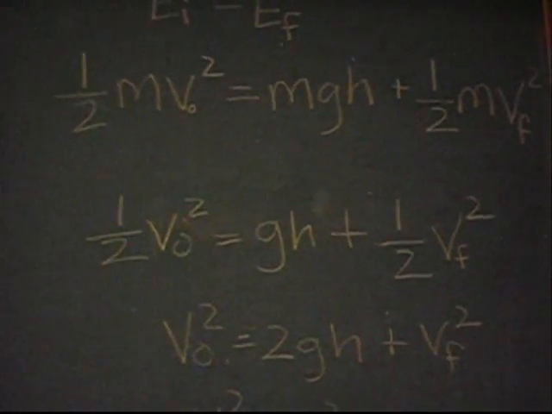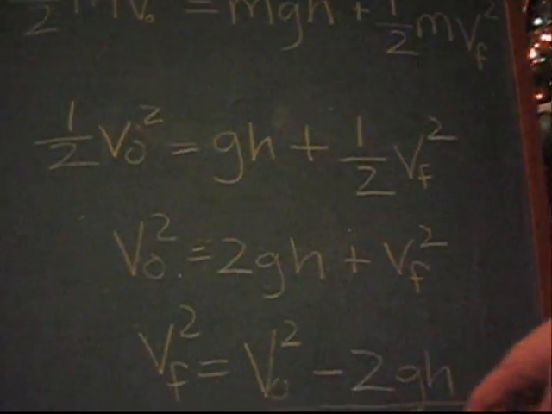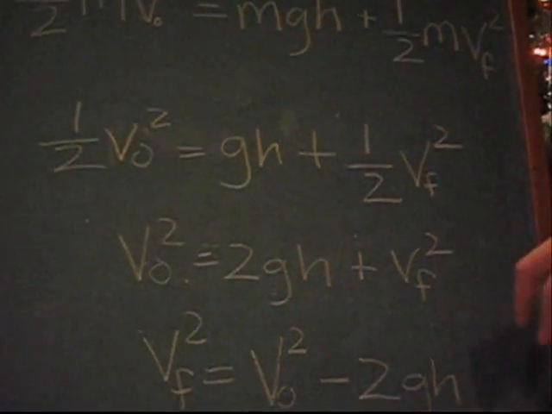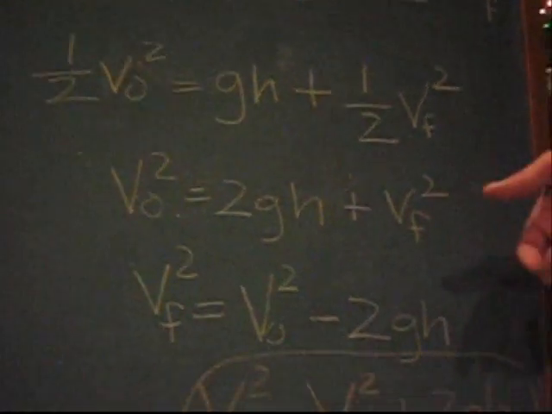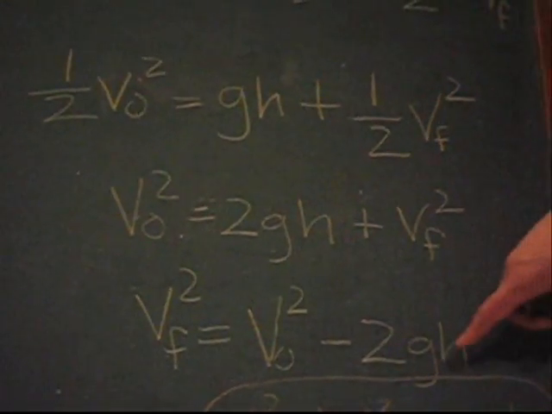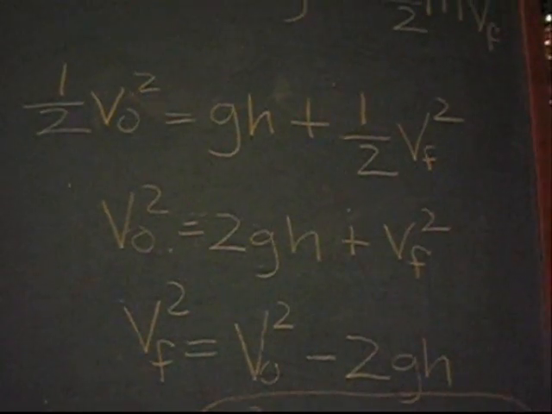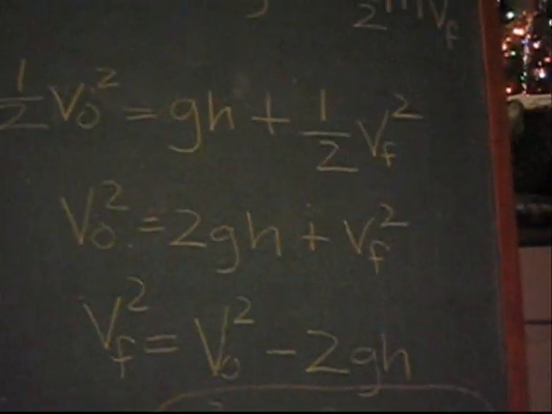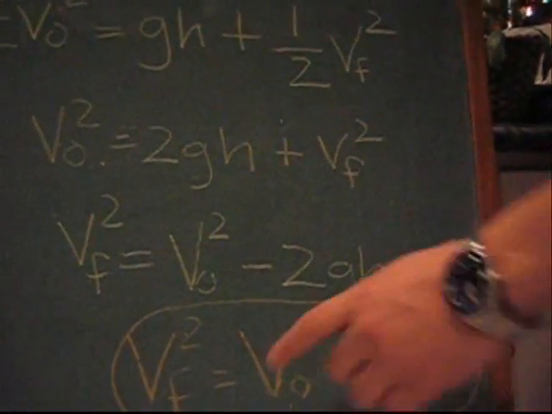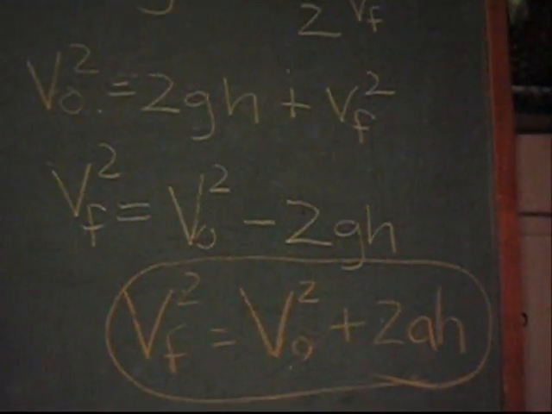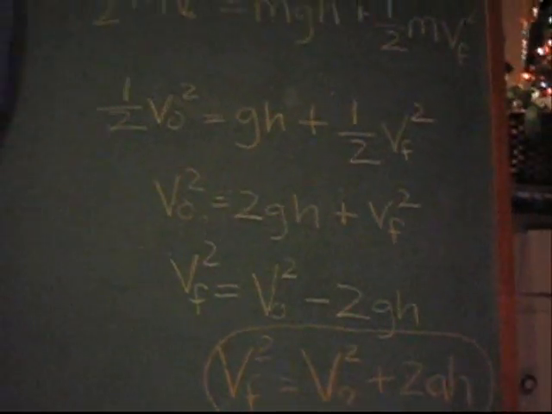Once we move everything around a little, we get Vf squared is equal to V naught squared plus or minus 2gh. Now, this minus is different from our kinematic equation because this g also is a minus, so in the end they cancel out. And what we get is Vf squared is equal to V naught squared plus 2ah.